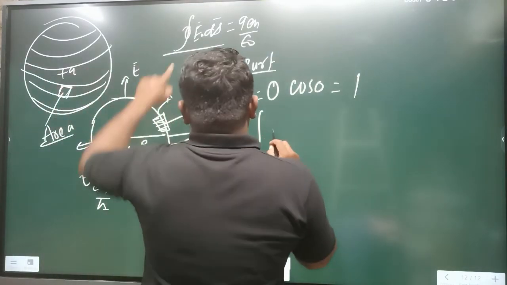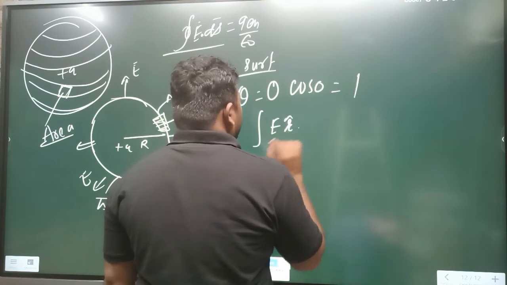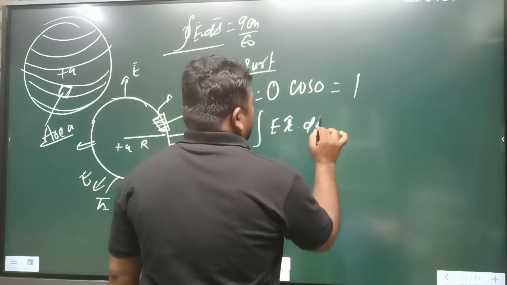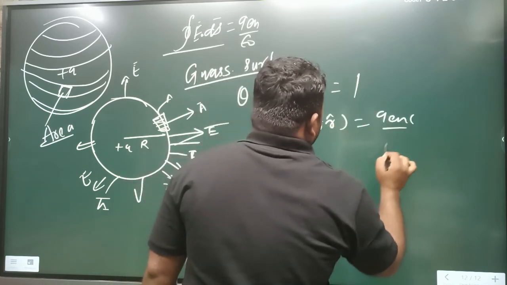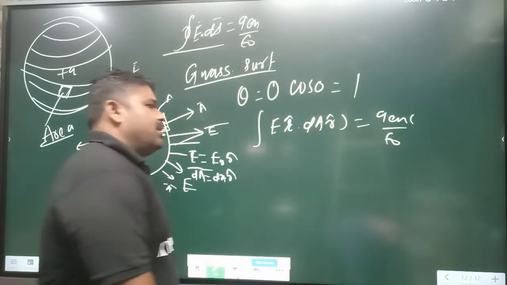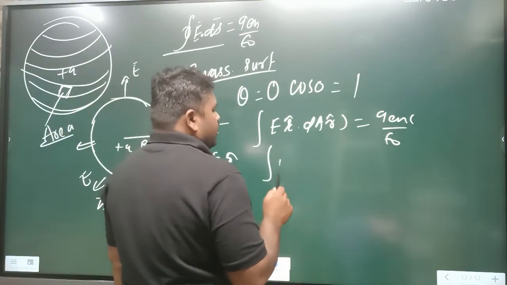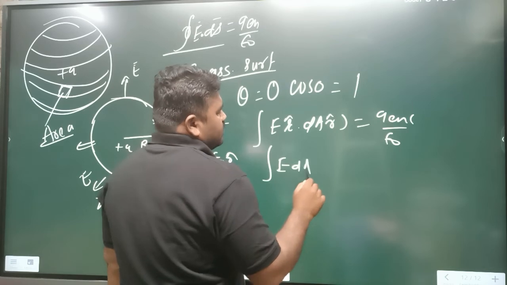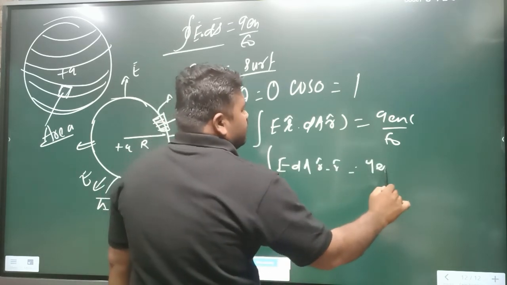Next, E bar can be written as E r cap dot dA r cap, which is equal to Q enclosed upon epsilon naught. Next, E dA, r cap dot r cap, equals Q enclosed upon epsilon naught.